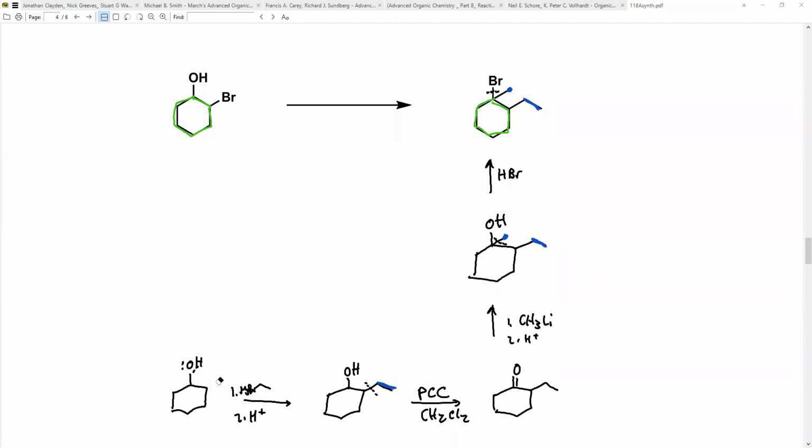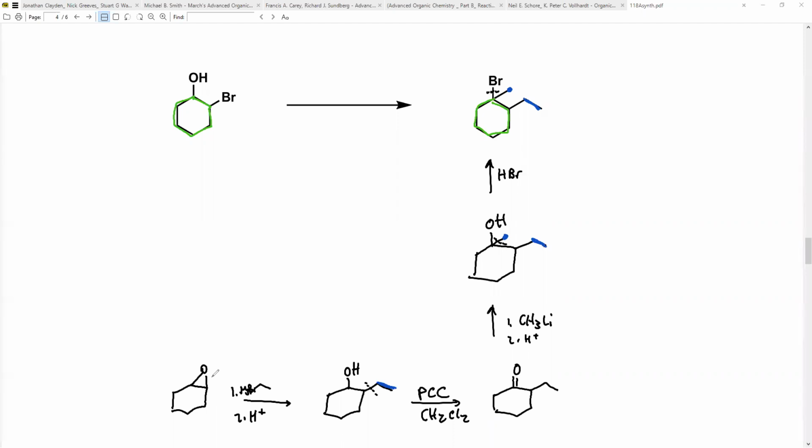If I draw the result of that attack, what is the structure that prevails? That is the result of a Grignard adding to an epoxide. So now we know what the relationship looks like for a Grignard adding to an epoxide.